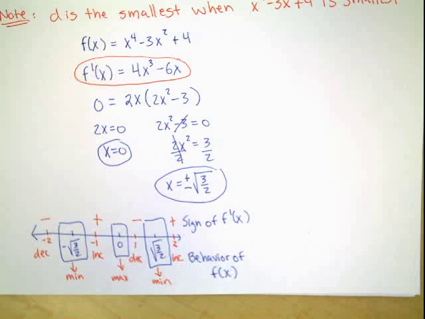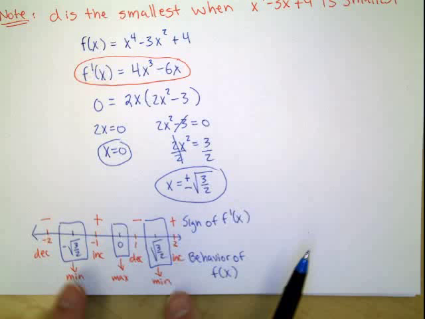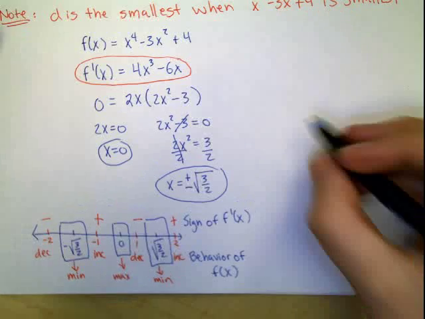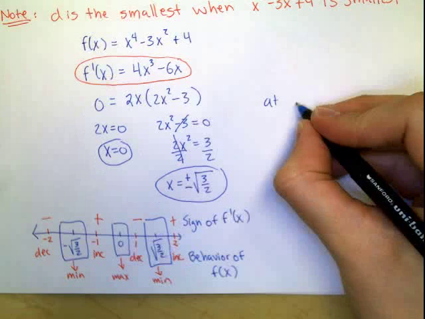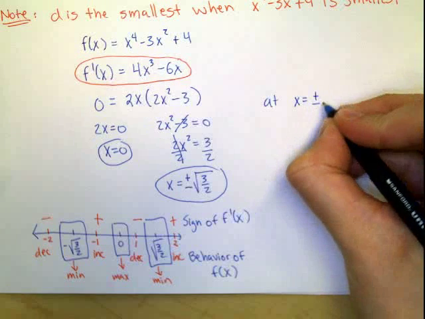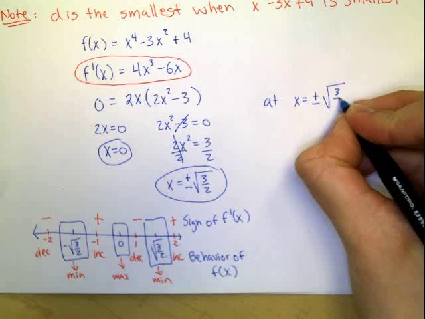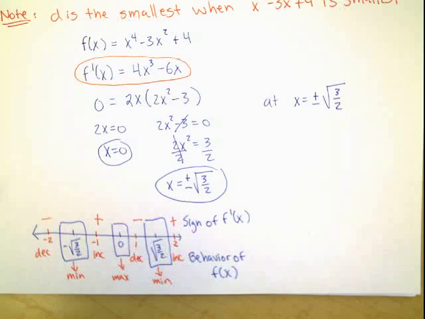And then after all this work you ask yourself, what's the question I was supposed to answer? If you go all the way back to the top, our question was, which points on the graph are closest? We're looking for minimum values, and I found two different answers. So at x equals plus and minus square root 3/2, it's going to be closest on the graph.